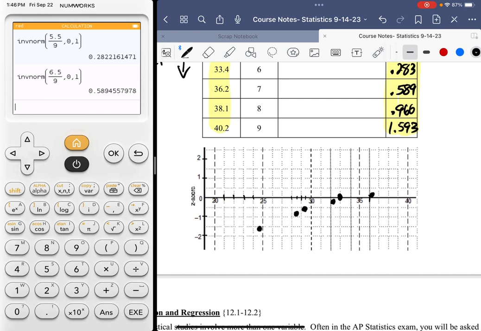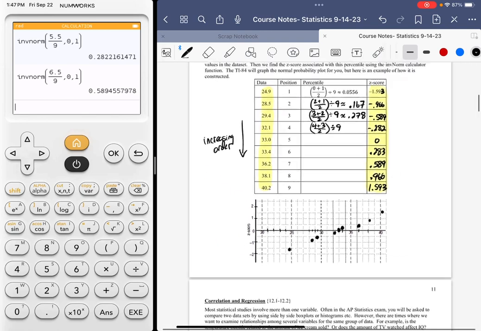Oh, I missed the 33.4. Let me go back and do that. So 1, 2, 3, a little bit, so like in this neighborhood here, a quarter of a unit up, and then 36.2, like around here, a little bit more than half a unit up. Then 38.1, just shy of 1 unit up, and then 40.2, and that's going to be a little bit more than 1.5 units up.